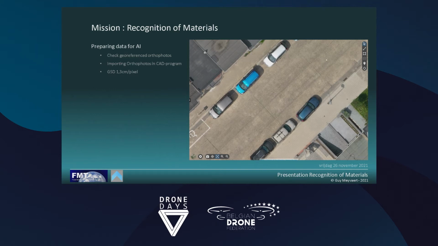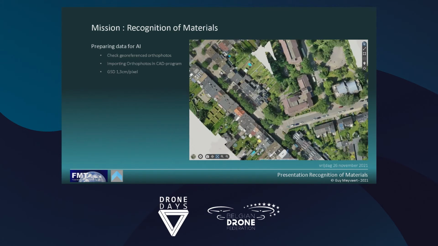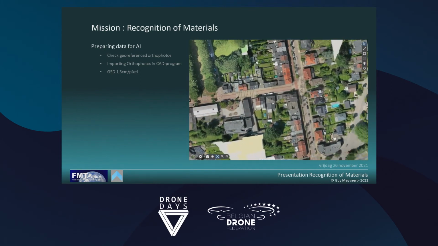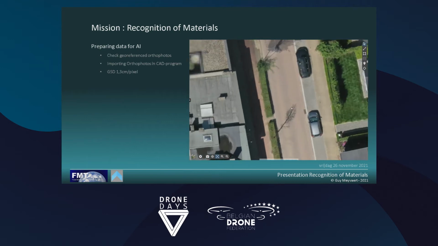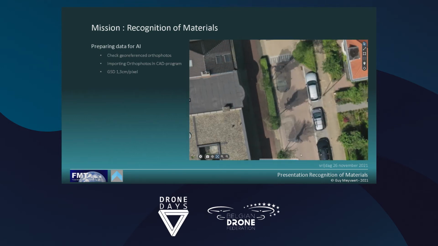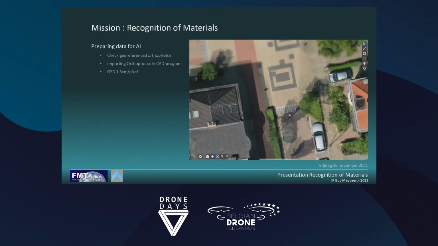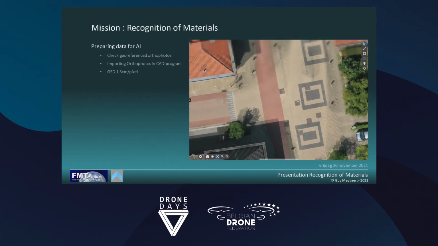When we go closer in the view, we see every stone and every point of the street that we need to recognize the materials. The GSD is about 1.3 centimeters per pixel, so we have enough for the computer calculation to examine the materials.